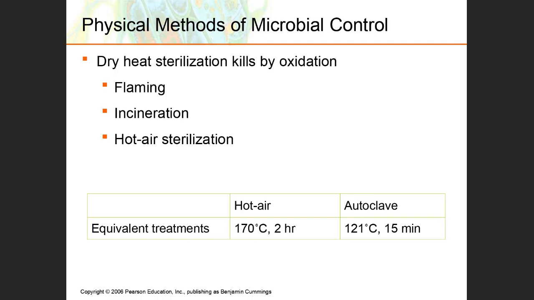Or you can use hot air, but notice for hot air, you have to increase the temperature to 170 degrees Celsius and do that for 2 hours in order to achieve the same results of steam sterilization, where you only need 121 degrees Celsius for 15 minutes. So moisture does help with the killing and the denaturing of proteins.